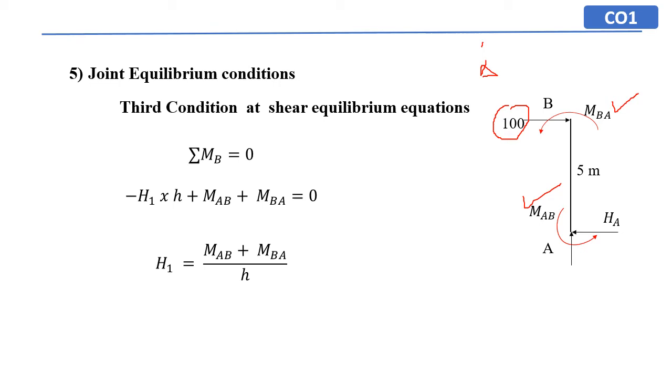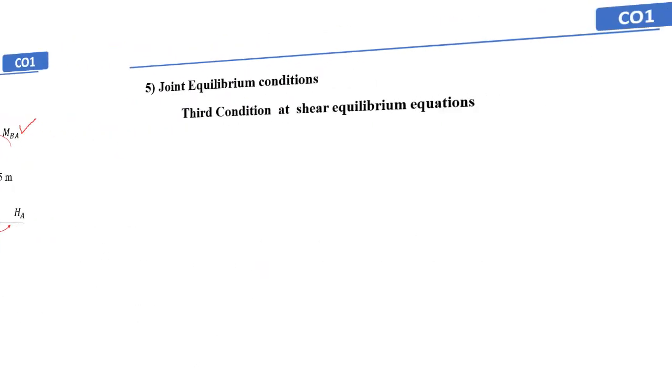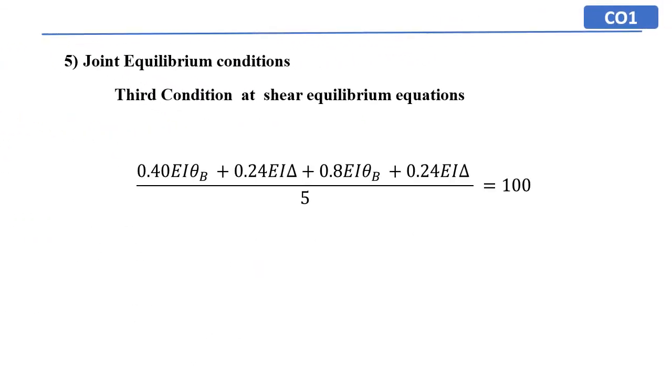So H1 is equal to (MAB plus MBA) divided by H. Here H1 is equal to HA, and that is equal to 100 kilonewton. So we have the addition of MAB plus MBA is equal to 0.40 EI theta B plus 0.24 EI delta plus 0.8 EI theta B plus 0.24 EI delta divided by 5.